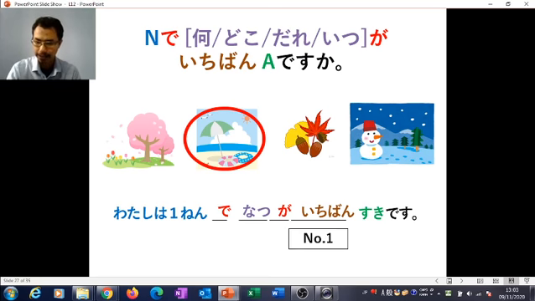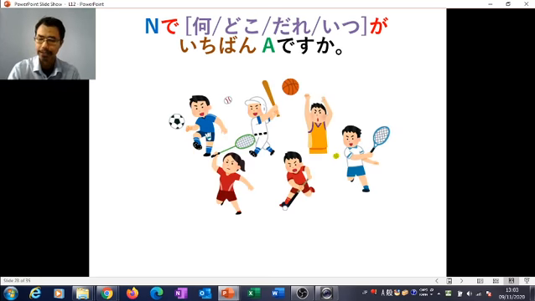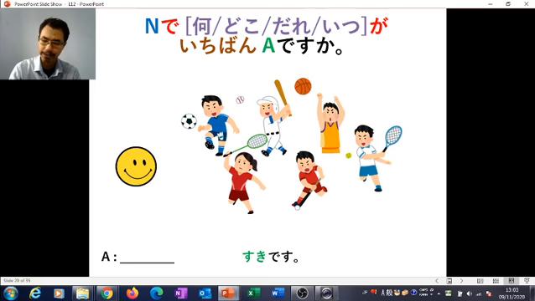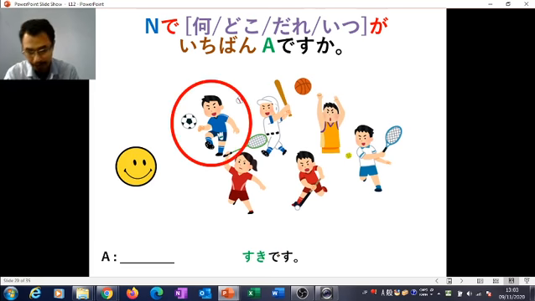Number one. Another example, if you want to say among all the sports, you like tennis the most: スポーツで、テニスが一番面白いです, interesting, number one.